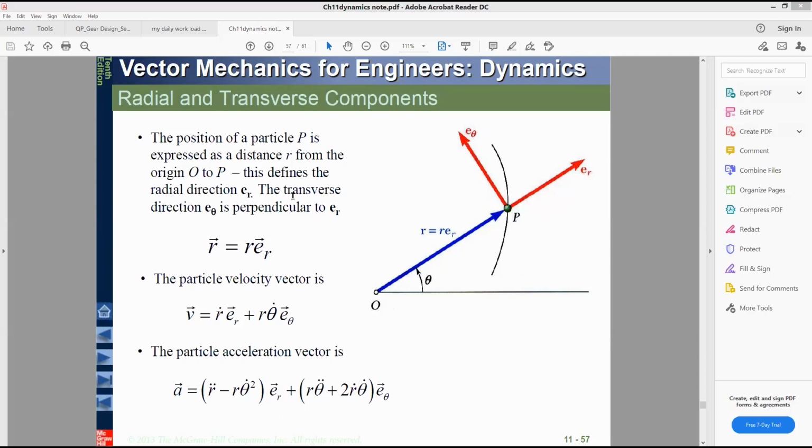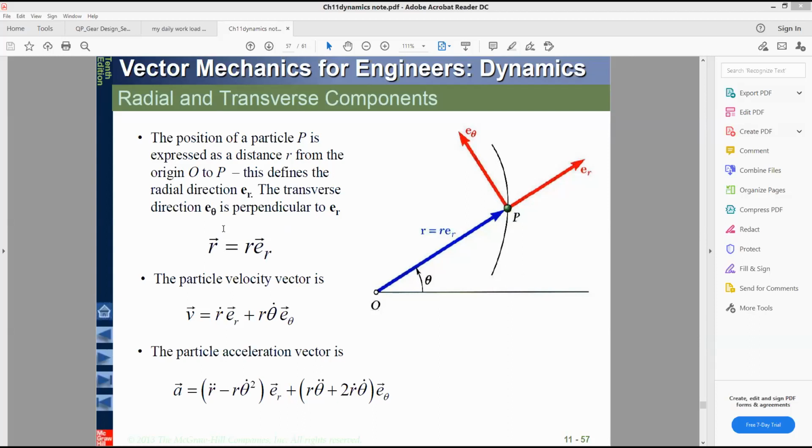Now the transverse direction, always remember this, there is a 90 degree angle between these two, this is always 90 degree. So the position vector of that particle is r times er, where er is the unit vector in that direction.